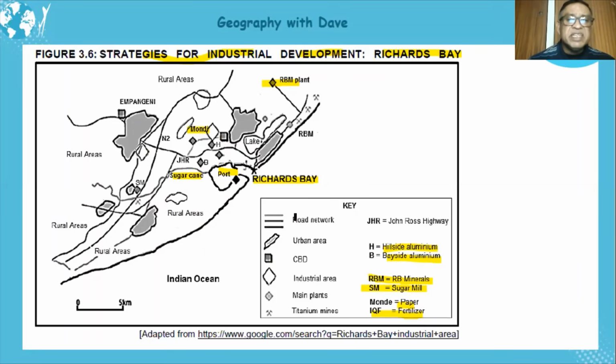Oh, what else? It tells us about the road network. Oh, the key shows us urban area, the CBD, okay, where it's found, the industrial areas, all around here. Can you see it? So the key tells us main plants. It tells us about titanium mines also. Right, and there's a highway here, the John Ross Highway, that's found in this area.